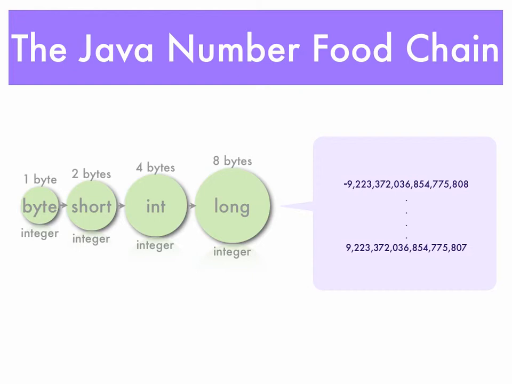A wide range of whole numbers. You'll note that all of our primitive types so far in the food chain all hold integer values.